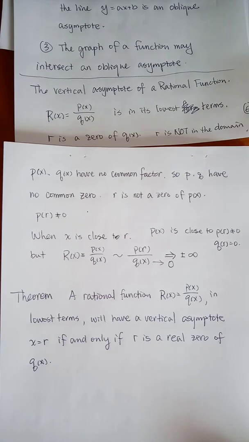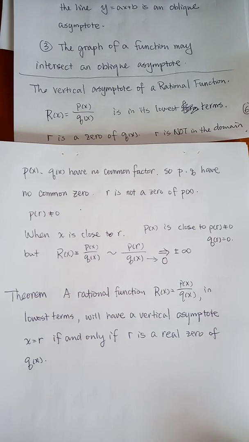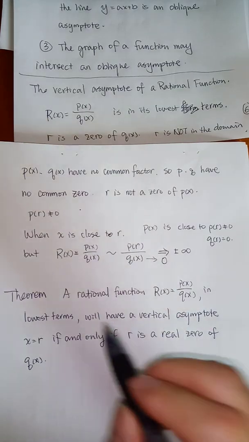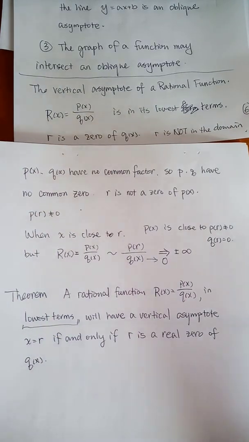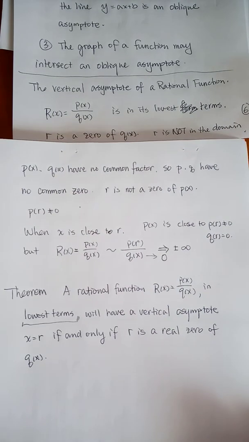Okay, so whenever you have the 0 of the denominator, you will have a vertical asymptote. Under the hypothesis, it is already in its lowest terms.